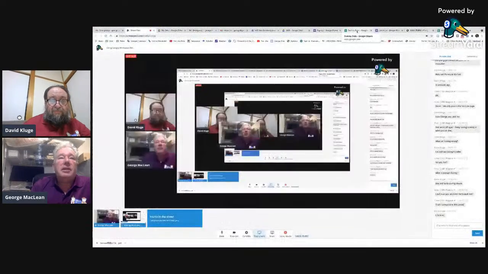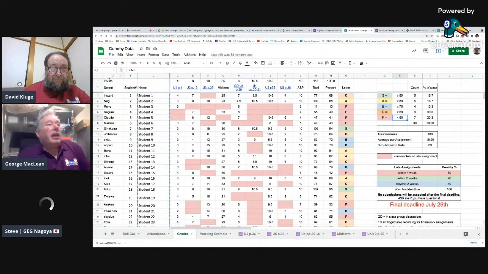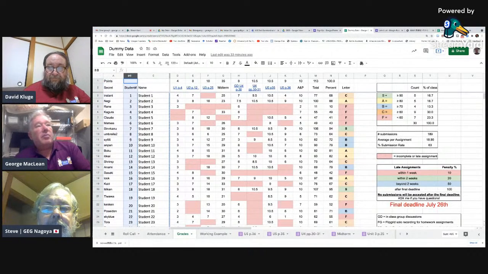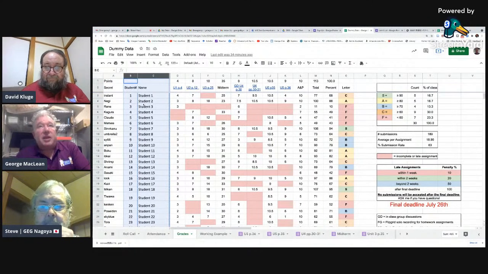Okay, and so let's look at that grading sheet again. And David, can you let me know if you can see it? This is our dummy data. Can you see that? Yes. Okay, so what I was saying earlier is that column A has secret names for students. Columns B and C have their actual student numbers and their names. So this is my grade sheet where I put in their grades based on forms.